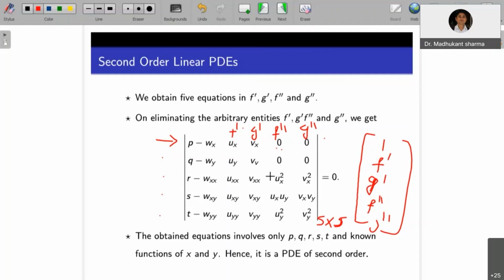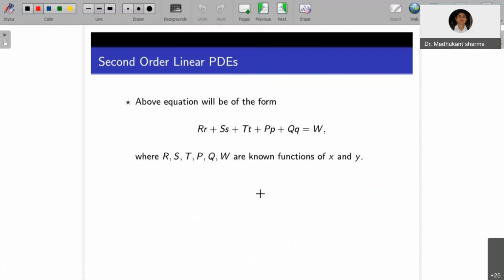So if I write in the general form, what you are going to get is the following. Again, we have denoted capital R as the coefficient of small r, capital S the coefficient of small s, capital T the coefficient of small t, and so on.